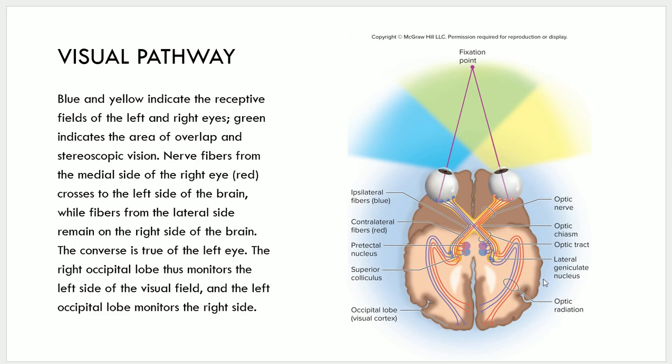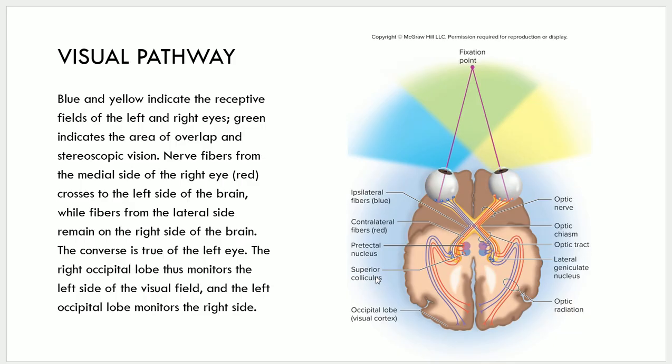The purpose of this is that your body has a backup system. If something is wrong with one side of your brain, your body has multiple fibers leading to both sides of the brain from each eye, so that if one part of your brain is damaged, your body has a backup in place to send vision signals from both eyes. It also helps with stereoscopic vision, because you're still getting information from both of your eyeballs, even though that part might be damaged.